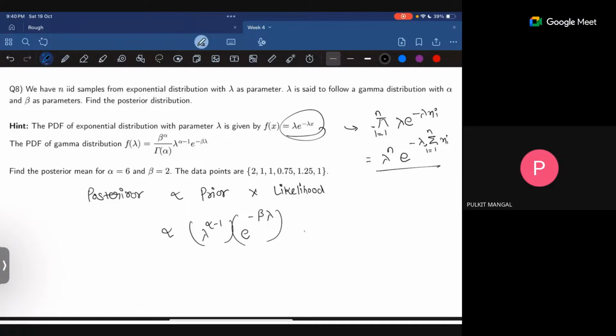Your likelihood is lambda power n e power minus lambda summation xi.